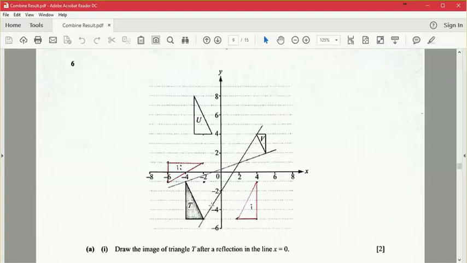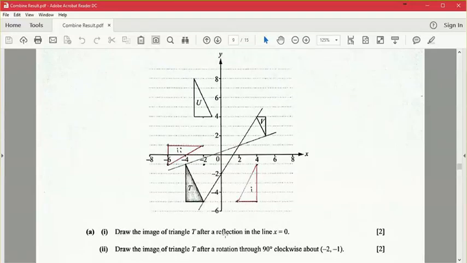And the reflection of T will be here, the red triangle. So negative 4 will be 4, and for y it will be the same. Here it is at 1 and here it is at 1. Draw the image of triangle T after a rotation through 90 degrees clockwise, about negative 2, negative 1.